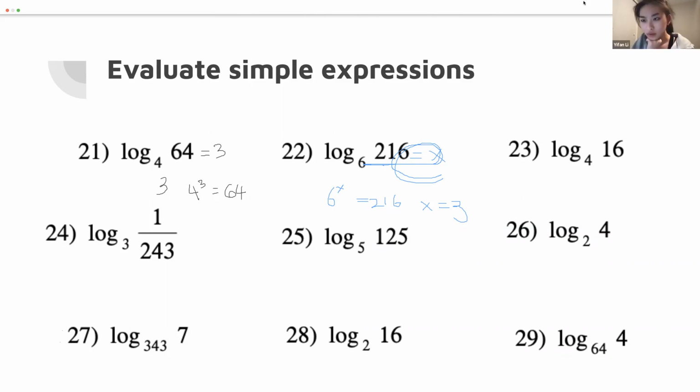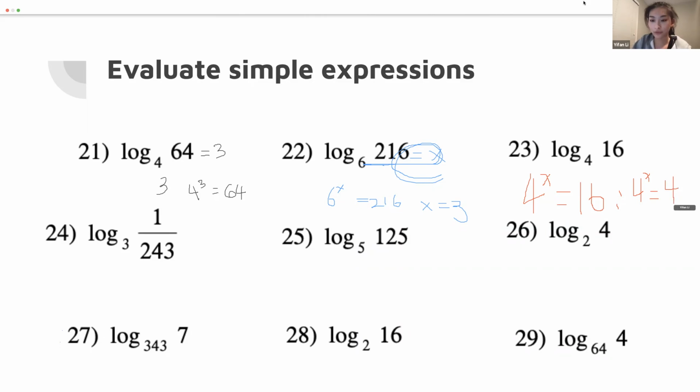Okay. So for 23, we can set a variable first here, equal to 16, right? I'll teach it in another way. You should make the right side into the same base if you know what the base is.